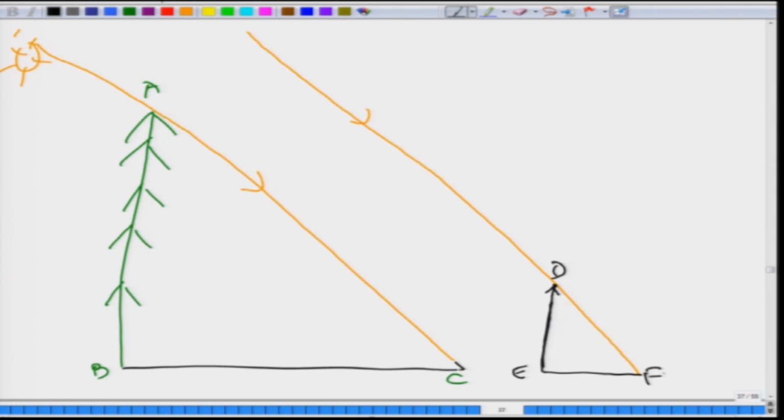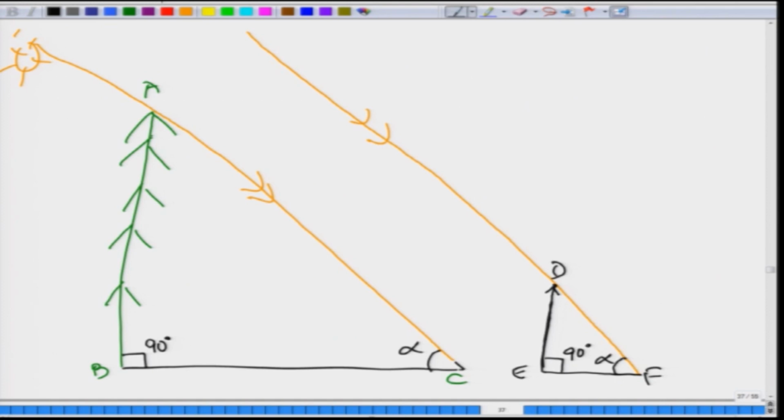Now, because both of these rays are parallel to each other, they will be making the same angle. So, both of these angles are equal. Now, your tree is subtending an angle of 90 degrees with the ground, and this stick is also subtending an angle of 90 degrees to the ground. Let us call this angle alpha.